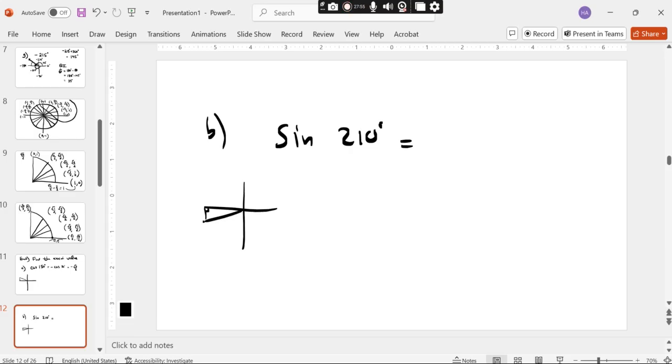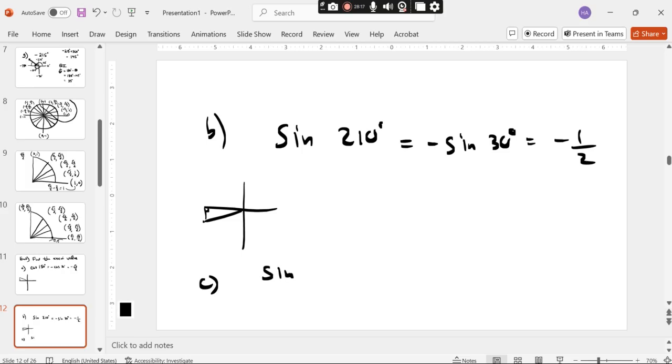So if you go back, what is the reference angle? 30. And in quadrant 3, is sine negative or positive? Negative. So it'd be negative sine 30, and the answer is? Negative 1 over 2.